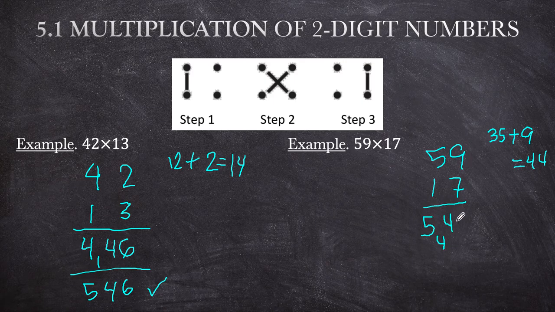And then 9 times 7 is going to be 63. So let's do the necessary carries. So this becomes 9, but this becomes 10. And then this 10 in the tens digit will be carried again to the next place. So this 9 becomes 10. This becomes 0. This becomes 3. And that's our answer for this example.